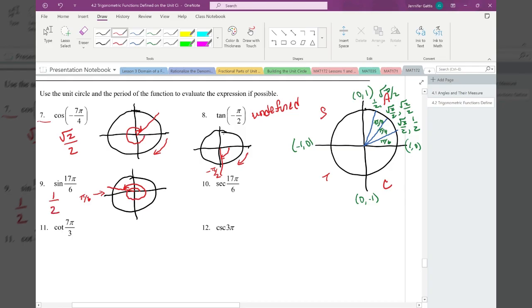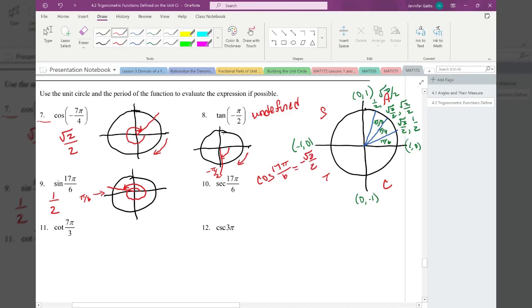Now, the secant of 17 pi over 6, we can actually use this same little mini circle that I drew here. Secant is the reciprocal of cosine. Well, the cosine of 17 pi over 6 is going to be negative root 3 over 2.